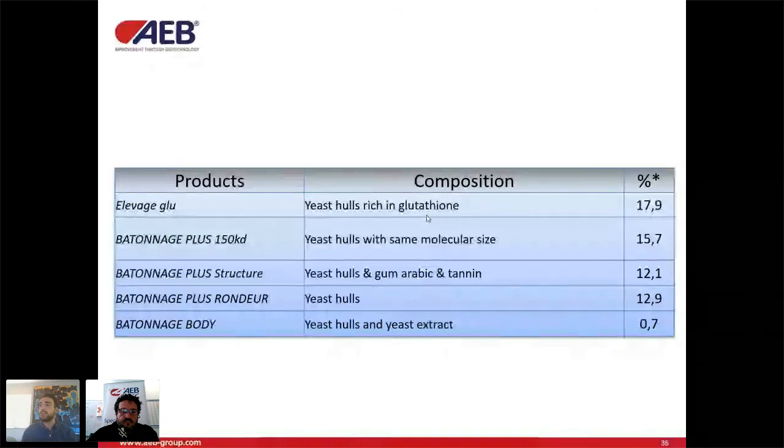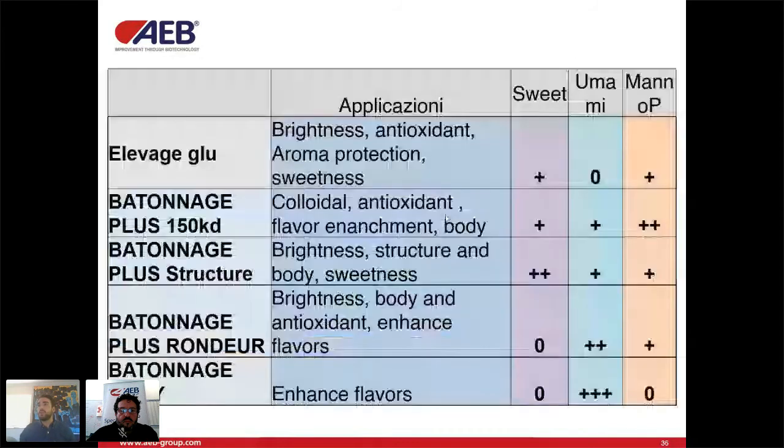Here I selected some, and you can see that they have different composition, specifically targeted to achieve different results in the wine. In fact, their different composition results in different application in your wine, where the élevage glue is the one reacting to the iron, and so is the one that protects your wine more from oxidation, and therefore protects the aromas. Very recommended for aromatic white varieties.